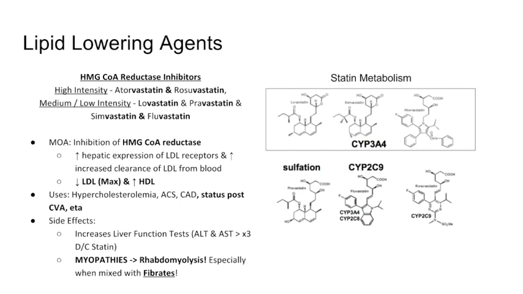Primarily used for hypercholesterolemia, but you're also going to see them being used after somebody has a coronary event, in somebody who has coronary artery disease to prevent a coronary event, and after having a stroke or in prevention of a stroke.